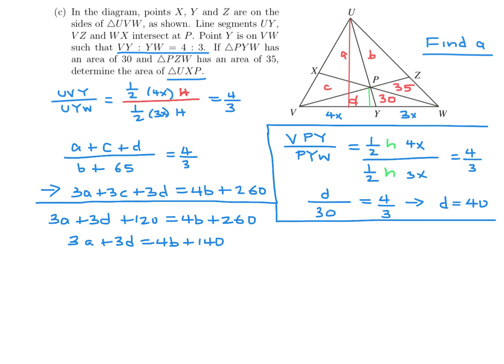Well, let's just keep going here. The next part, let's see, what do I want to do for the next part? I will compare UXW to XVW. UXW to XVW has the same sort of comparison as A to C.